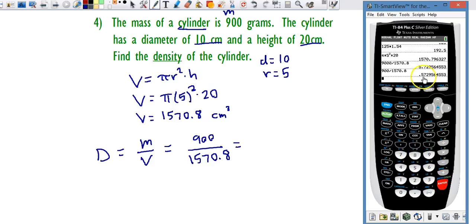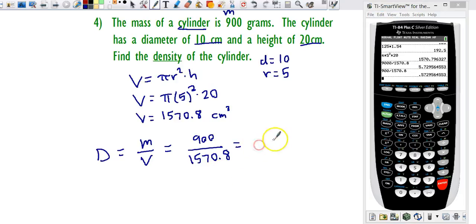All right, finally, so our density is going to be 0.572956. We'll just say 0.573. If you want to put a 0 in front, that's fine. And the unit's going to be grams per cubic centimeter. So g over cm cubed.